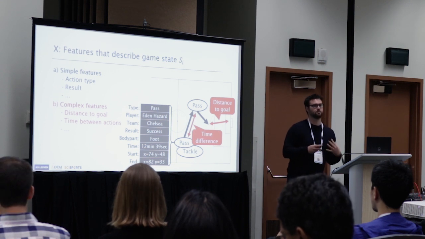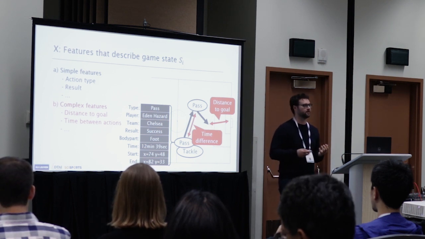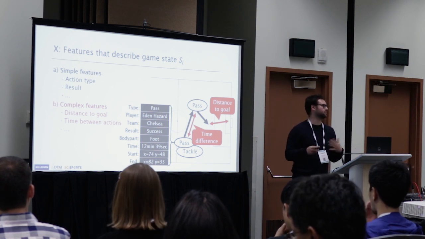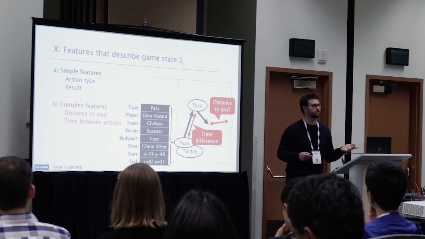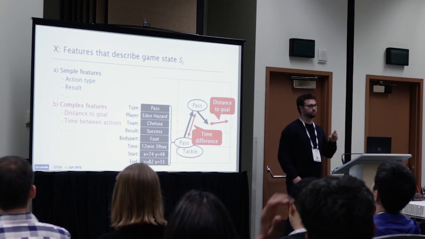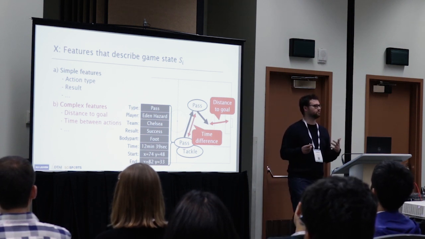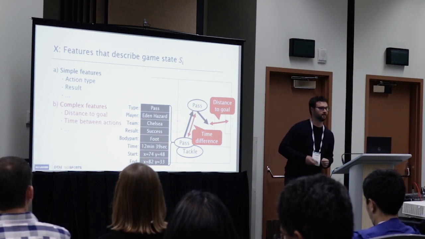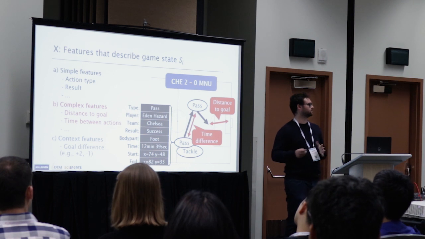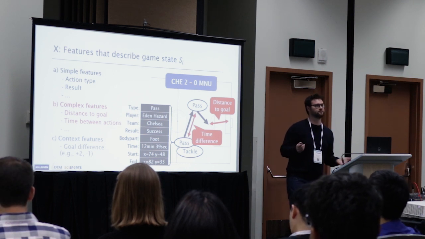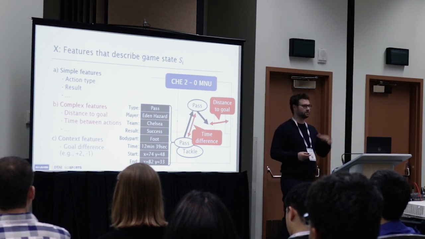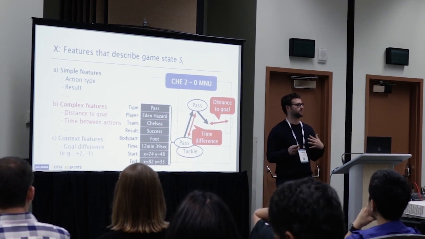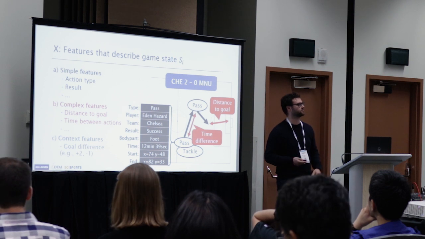So we also have some more complicated features, like the distance to the goal, which is really useful because the closer you get to the goal, the more likely it is that you're going to score. And also the time difference between consecutive actions tells you a bit about the speed of play, whether it's more of a build-up or a counter-attack. Finally, we also include some context features like the goal difference, because it's obvious that a team ahead or 2-0 behind is going to play differently and do different types of actions.